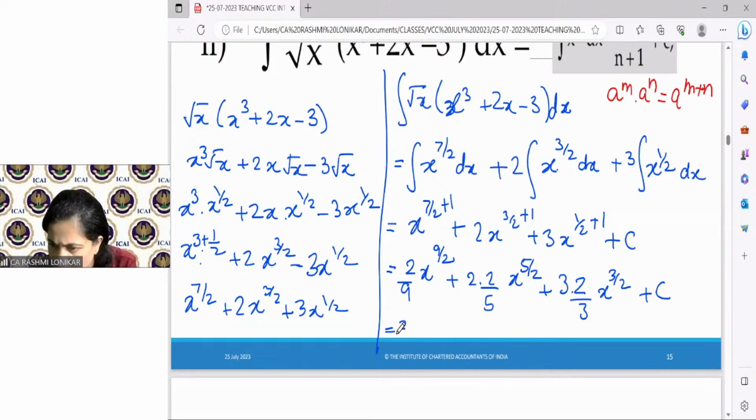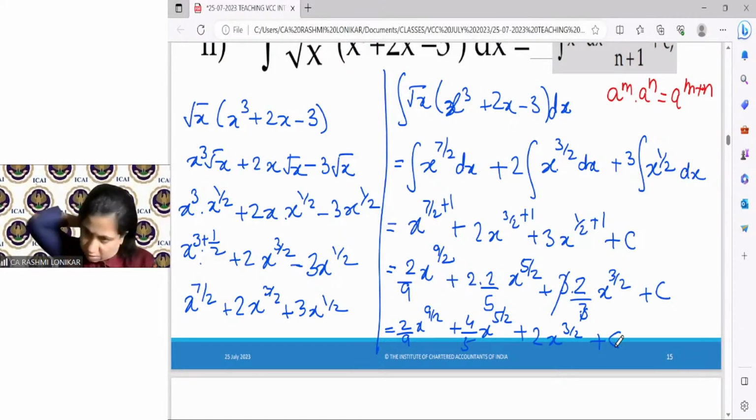And this becomes 2 by 9 x raised to 9 by 2 plus 4 by 5 x raised to 5 by 2 plus, this 3 and this 3 will get cancelled, you will have 2 x raised to 3 by 2 plus c. Okay. So just be careful while adding, subtracting. So this is the answer.